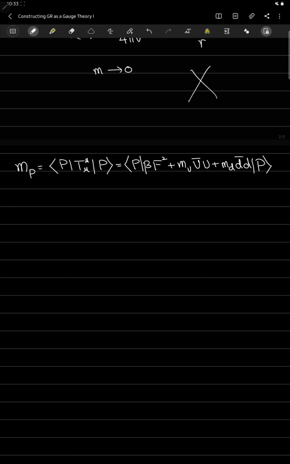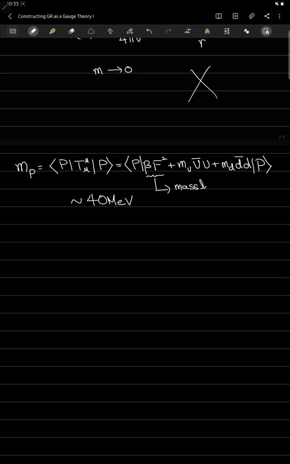Now the overall contribution from the quarks is about 40 mega electron volts, and the rest of it comes from the effects of massless gluons, which are represented by this term over here.